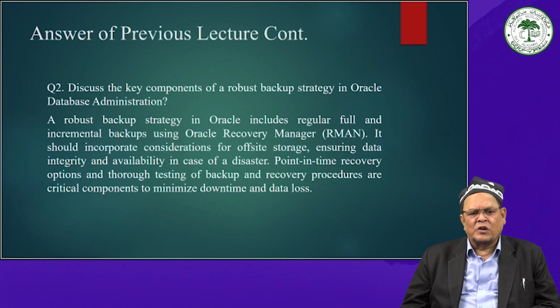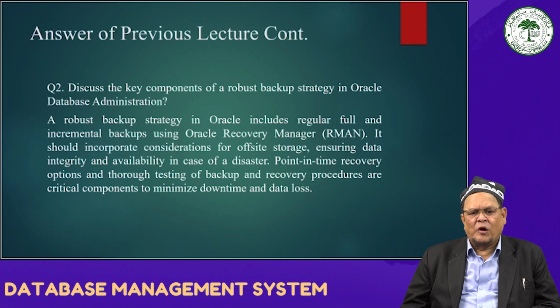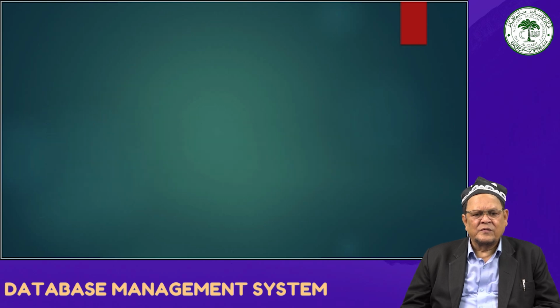It should incorporate considerations for off-site storage, ensuring data integrity and availability in the case of disasters. Point-in-time recovery options and thorough testing of backup and recovery processes are critical components to minimize downtime and data loss.